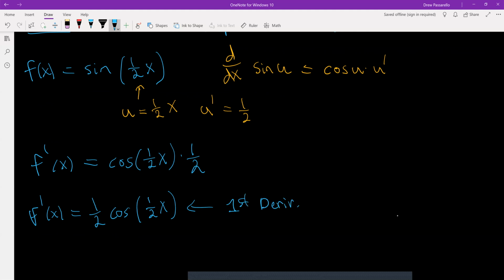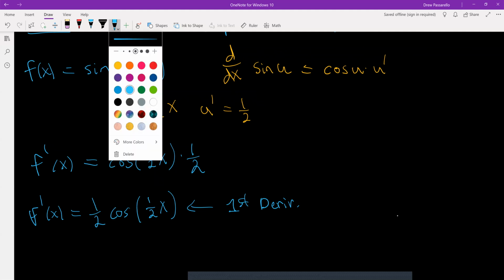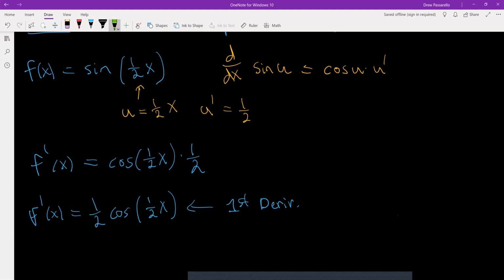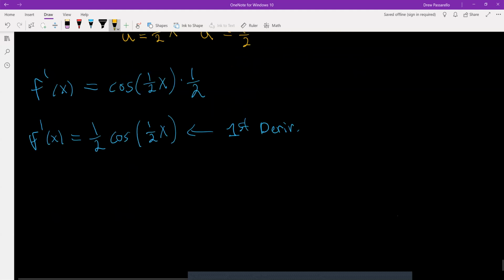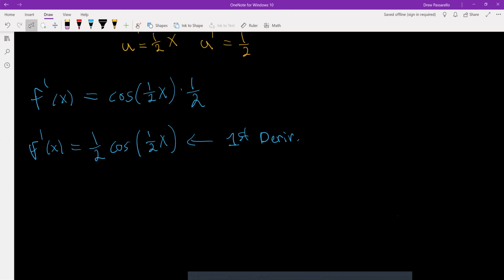Now I need to find the second derivative, and I'll put that in green. One thing to know is the derivative of cosine. We're going to have to do the chain rule again, but involving cosine. The derivative of cosine is negative sine of u times u prime.